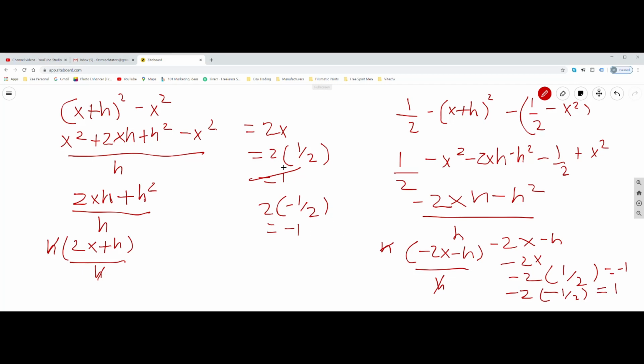When it's negative 1, this one is positive 1. So you see, it's a negative reciprocal. It's perpendicular because when the slopes are perpendicular, their product is equal to negative 1. So this one's negative 1 and this one is positive 1. So they are perpendicular.